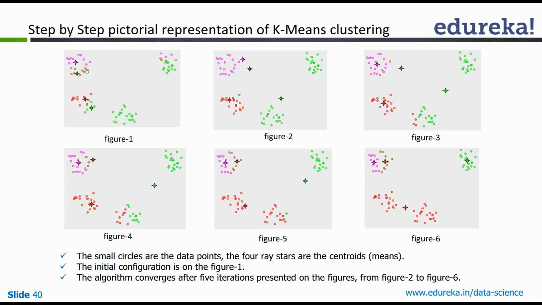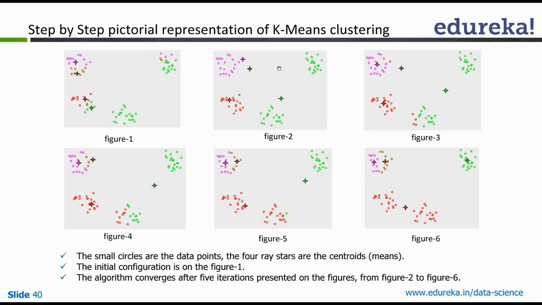Then I compute the mean of all the brown points, so the cluster center became here. And similarly I compute the mean of all the pink points, and my cluster center became here. So after the first iteration, my randomly chosen stars have moved to other locations based on the data that I have in the analysis.